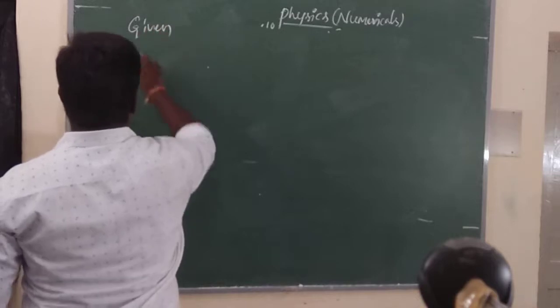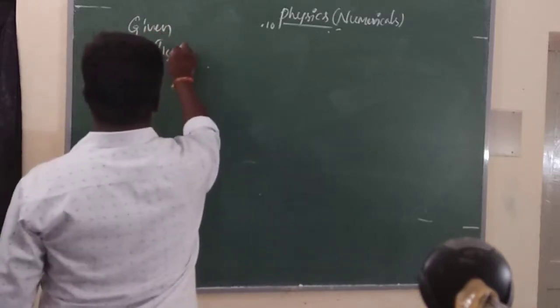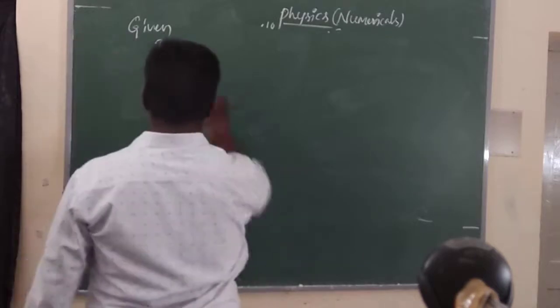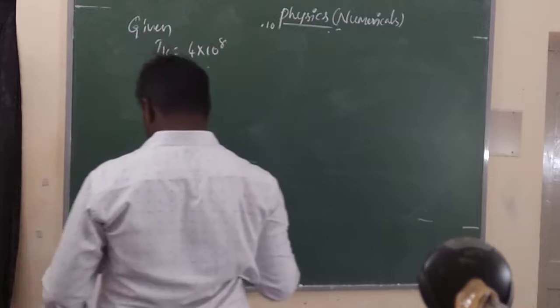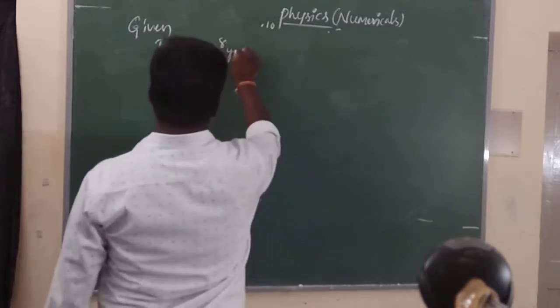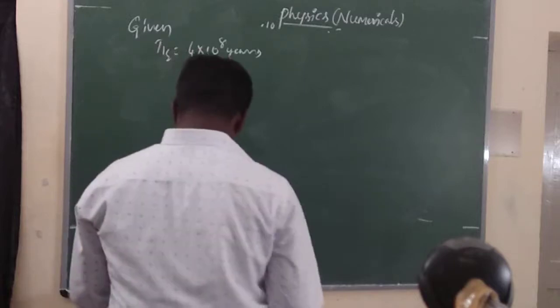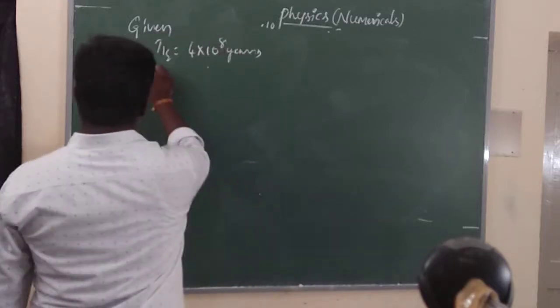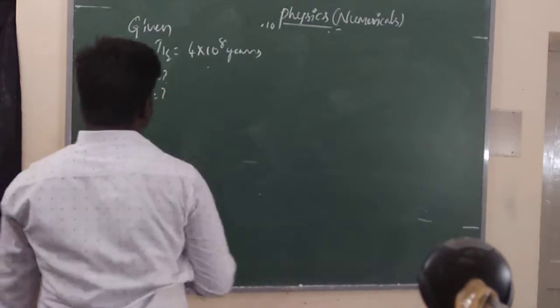Given T half is equal to 4 into 10 to the power of 8 years. Calculate lambda is question mark and tau, the mean life, is question mark.